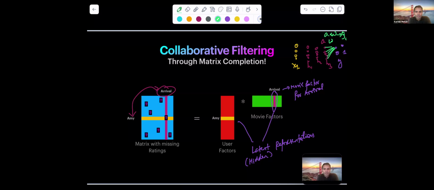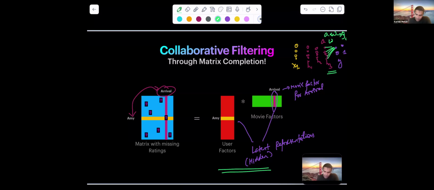And this idea that we're seeing here in a very simplistic way is what we see in this factorization as well. Once you factor and you want to say, does Amy like Arrival? Well, just take the dot product of Amy's latent representation with the vector for the latent representation of Arrival, and then you will know if Amy likes Arrival or not, right?